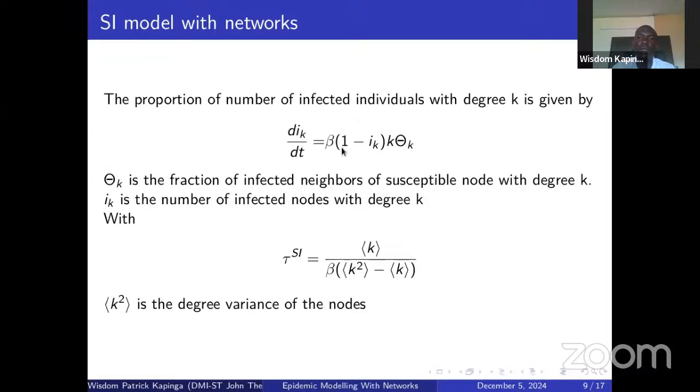So actually, this model predicts accurately as compared to the SI model, and the characteristic time here is also more accurate as compared to the characteristic time that we have discussed before.